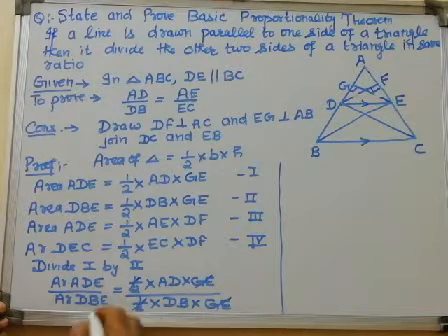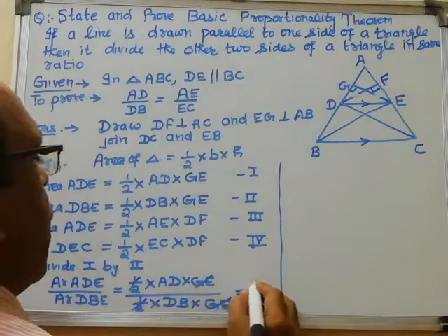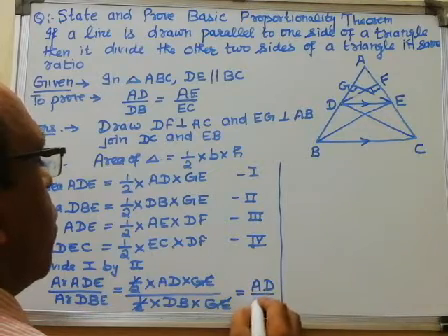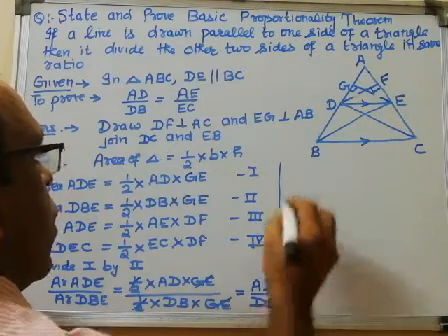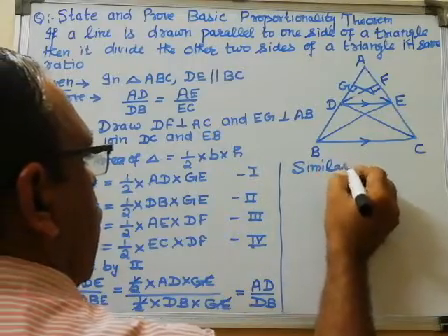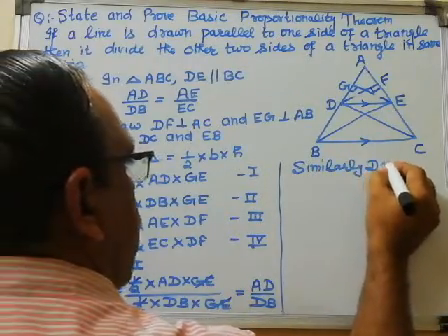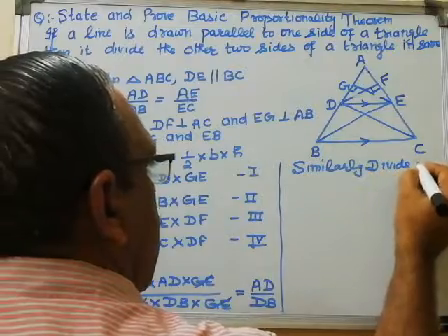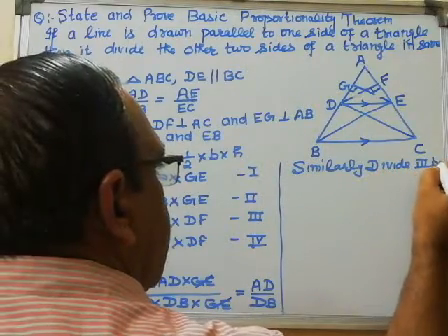GE is cancelled, half is cancelled with half, AD over DB. Similarly, divide third by fourth equation.